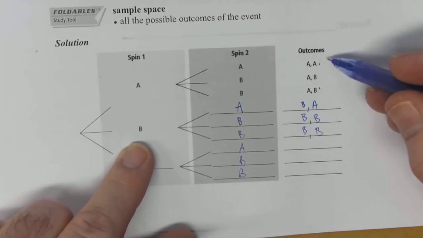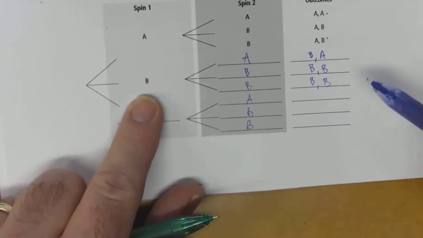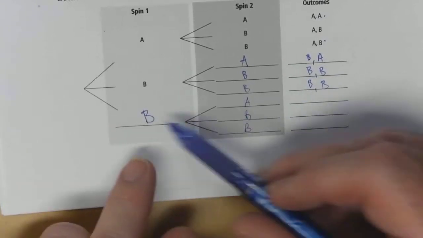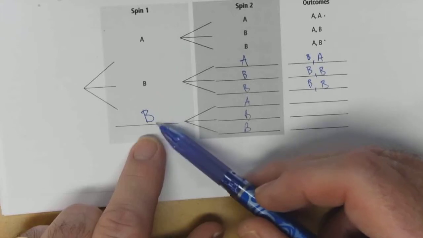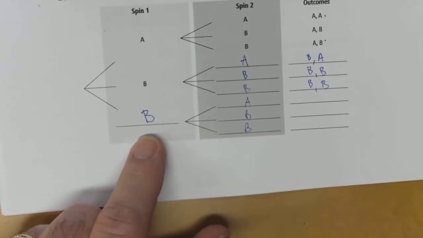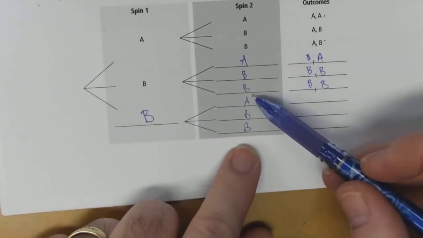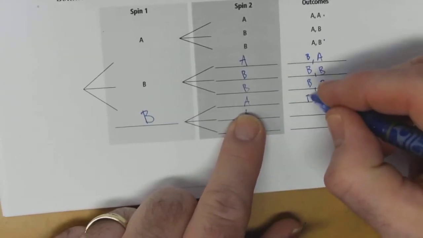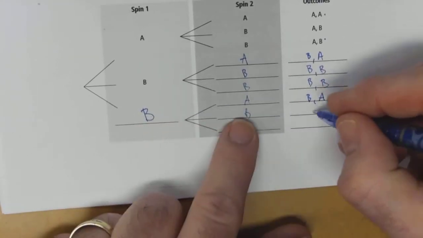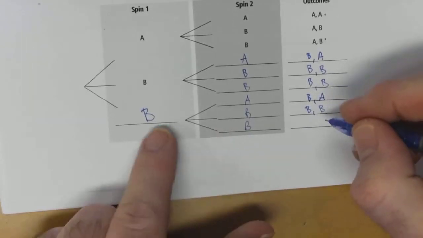So now we've got 6 possible outcomes established. The third spin could have also been a B, or the first spin could have also been the other B. And so spin 1 was A, or if it's B, then it could be BA, BB, and BB.